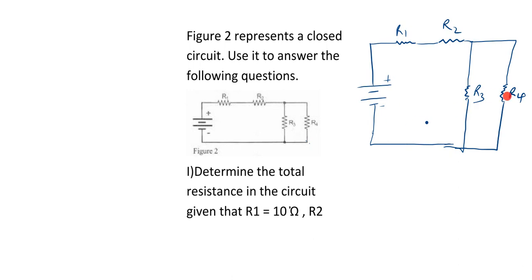So these two are in parallel and these two are in series. You have to determine each of them, the ones in series, and combine with the ones in parallel. So let's start.